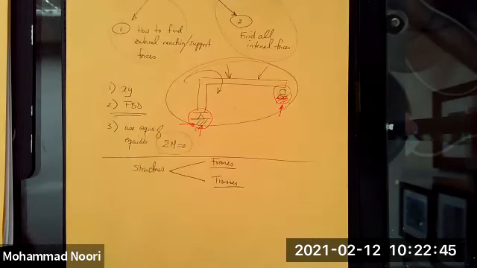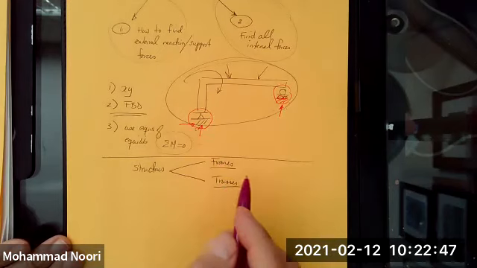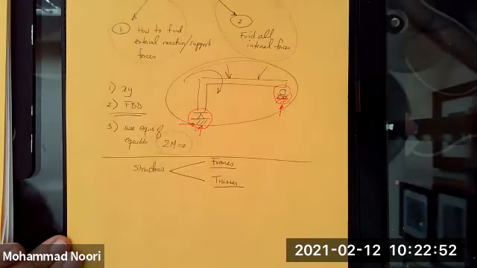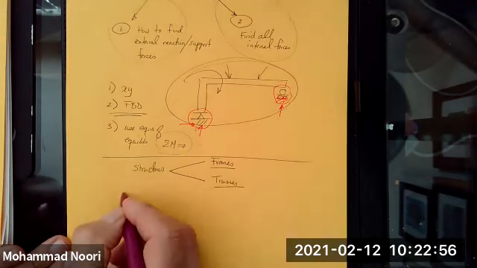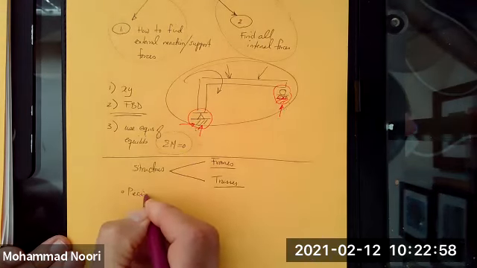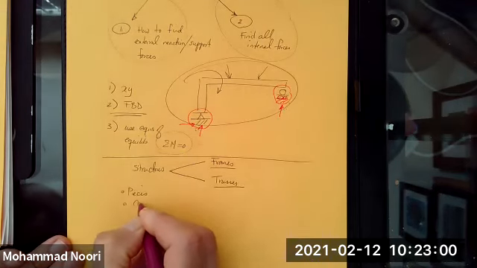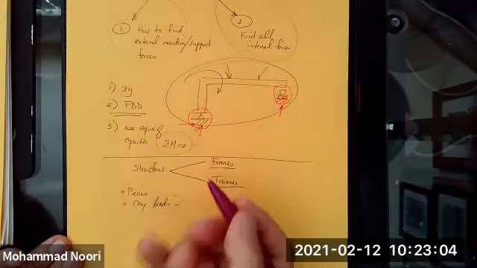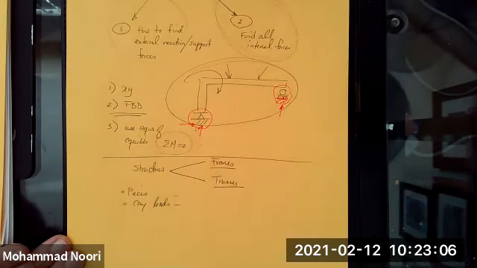But in all of these, both of these, they're made of pieces that are connected together, okay? So both structures are made of pieces, and they can carry loads. That's the main function of any structure.